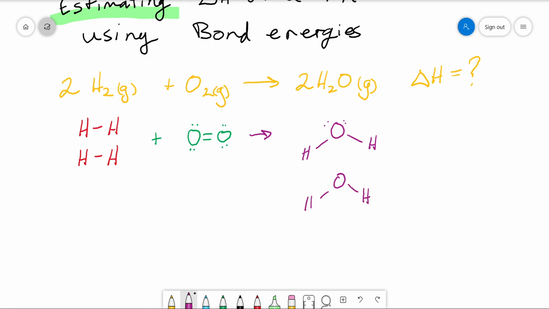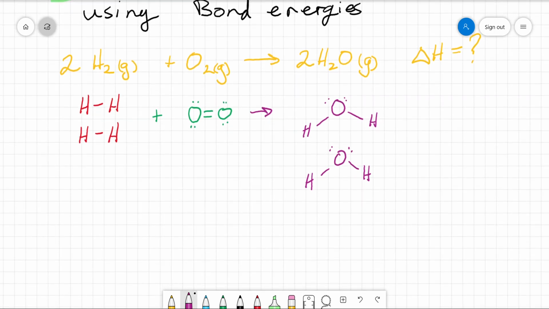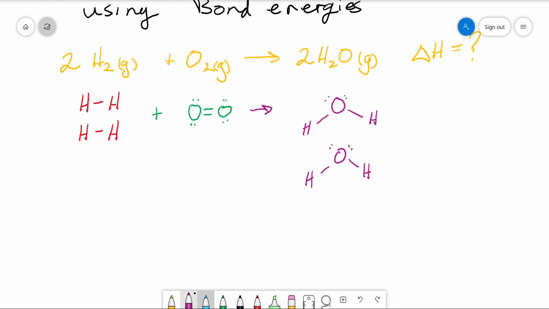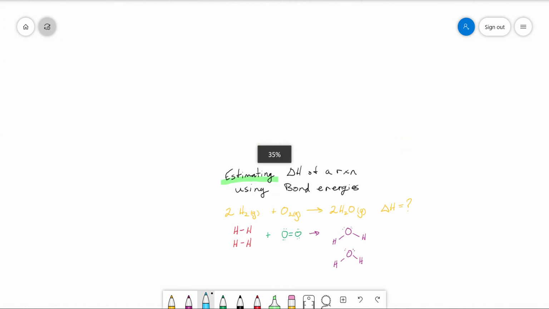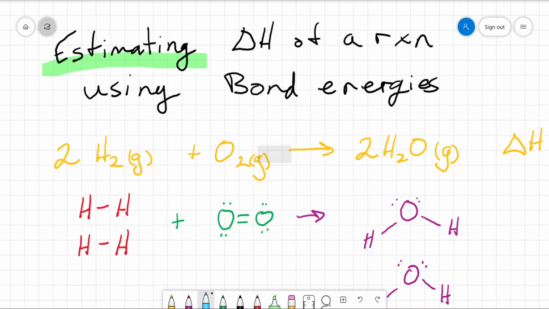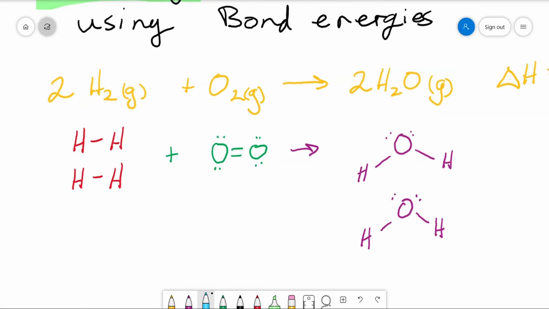So we do the Lewis structure twice, so we can see exactly how many bonds are breaking and how many bonds are formed. So what's going to happen here when this reaction occurs is these bonds, oh my goodness, I really hope you guys are not super annoyed with me and just cracking up. Feel free to laugh at me. I won't even know. These bonds are broken.